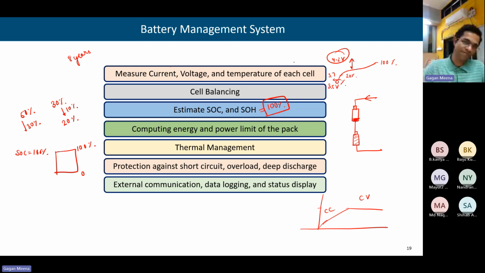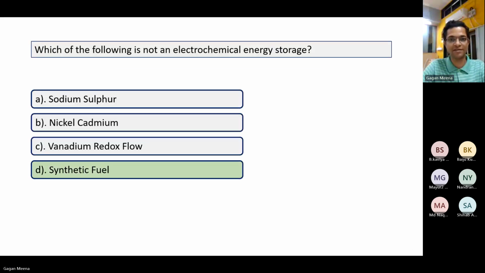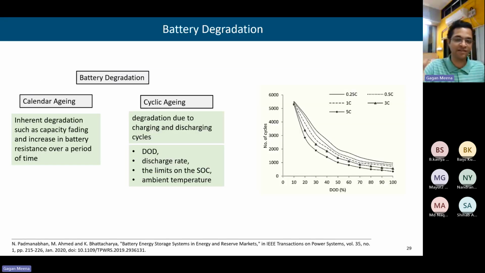But now, depending upon the behavior, how we have charged and used the battery, how frequently we have charged, for each battery there is a degradation curve. This is number of cycles versus depth of discharge.